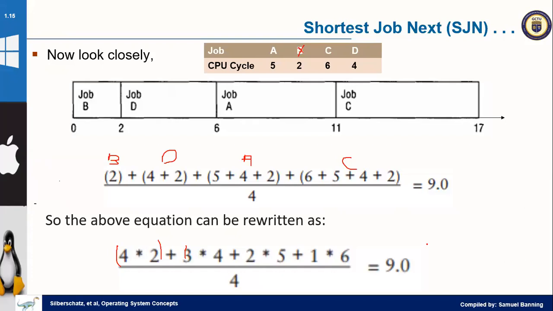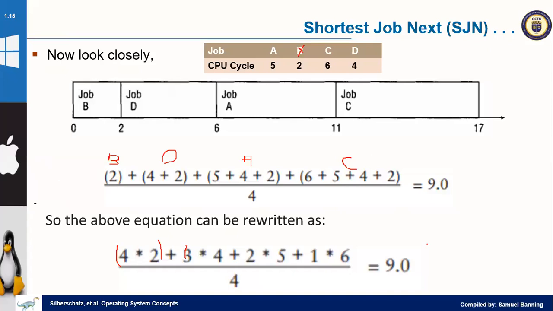In the job list given we had 4, but this time we subtract 1 from the 4, making it 3, because we've already input the CPU cycle for B, which is 2. So automatically we are left with 3 jobs to go, which are A, C, and D. Since we have A, C, and D, which is 3, we now write 3 and multiply it by the lowest number, which is 4.